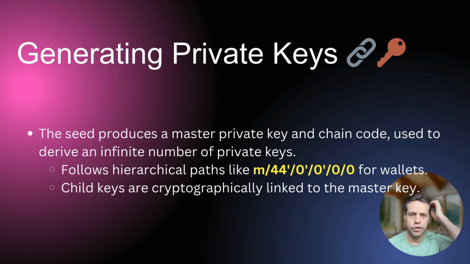And typically they follow a specific sort of hierarchical path. But you don't really need to worry about this mechanism. But if you do, obviously do your research to figure out more details. And so the child keys are cryptographically linked to the master key, meaning that the master key can be used to generate the exact same set of private keys if those private keys are lost.